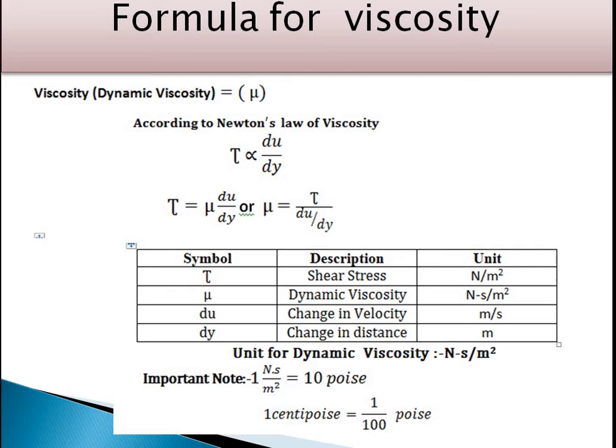Sometimes, to solve the problem, it is required to convert to standard SI units. So poise needs to be converted to Newton second per meter square. So we must know the relationship between poise and Newton second per meter square, and that relation is 1 Newton second per meter square is 10 poise.